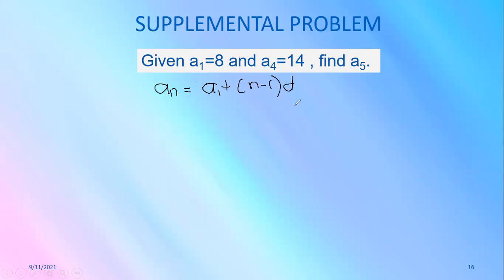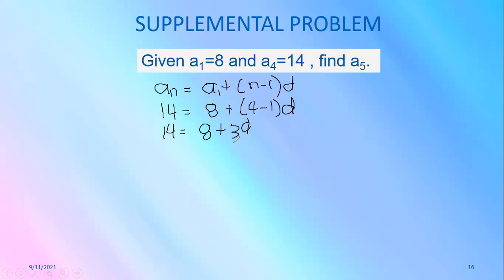Paulit-ulit lang naman itong formula na ginagamit natin. So we have 14, which is equal to 8 plus 4 minus 1 times d. The common difference is unknown. So 14 is equal to 8 plus 3d.